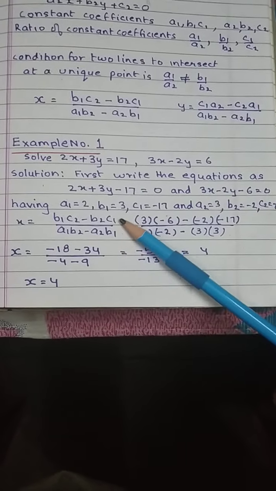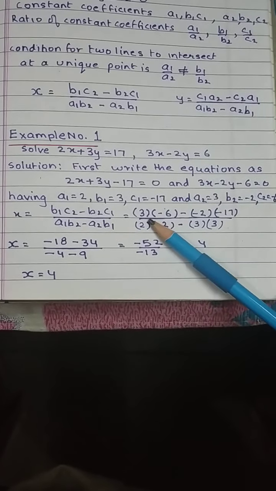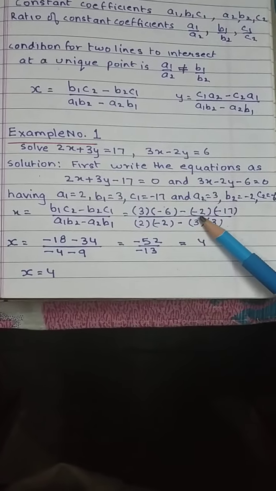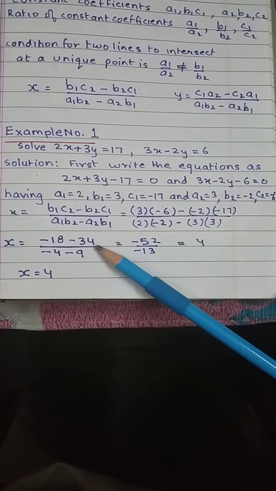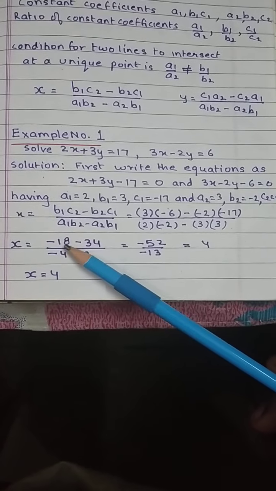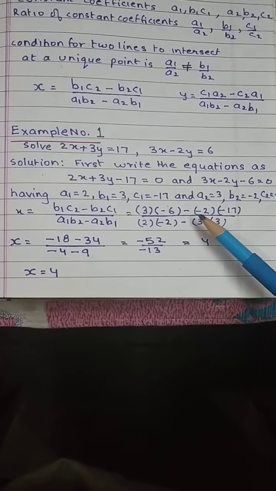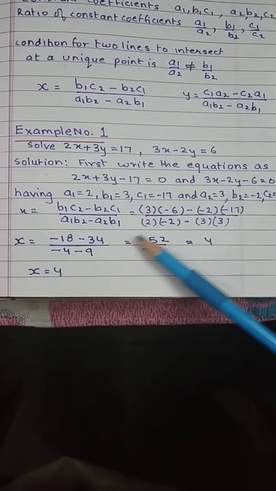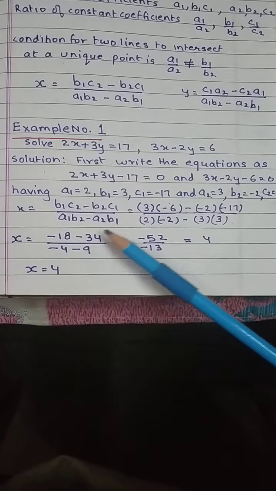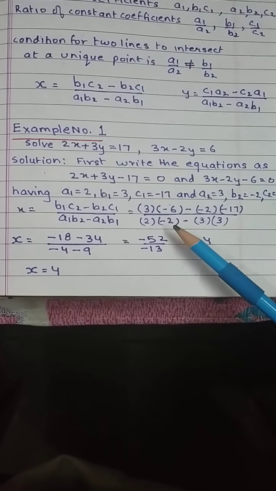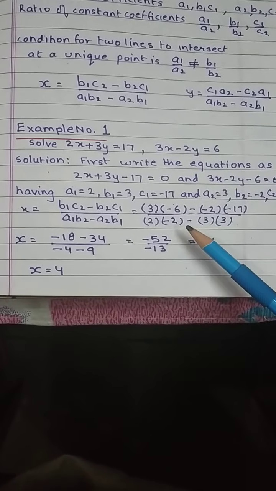Please see. Applying the values of b1 c2 and b2 c1, we write them in brackets, then solve the brackets first. If it is minus, then minus minus becomes plus, but since it is plus, plus minus is minus. 2 and minus 2, minus 4; 3 and 3, 9.